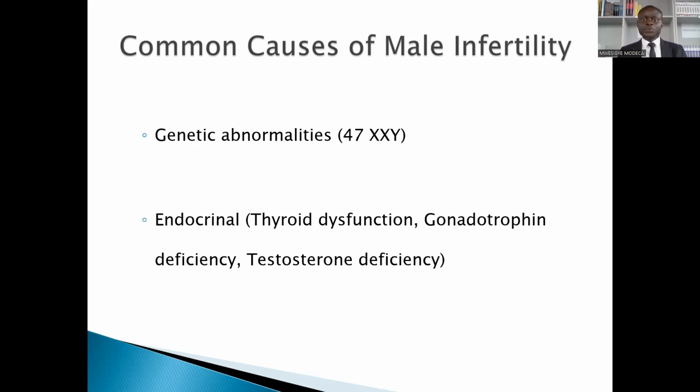We still continue with the common causes of infertility in males. Others are genetic abnormalities. Instead of making 46 chromosomes, the person makes 47 or 45 chromosomes, and the development is defective. Then we have another cause, which is endocrine.